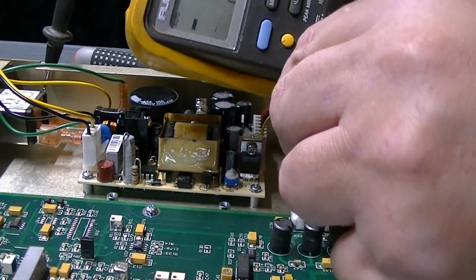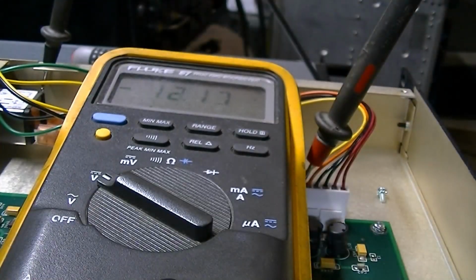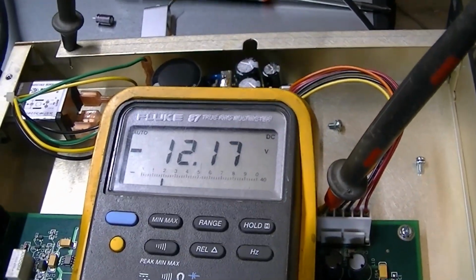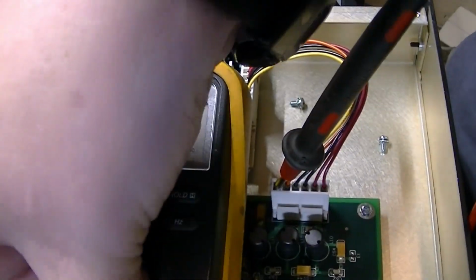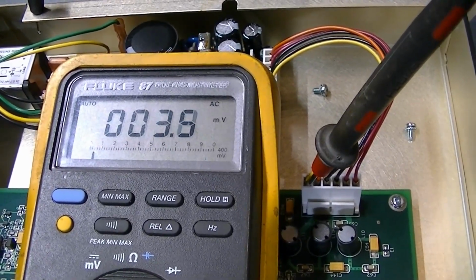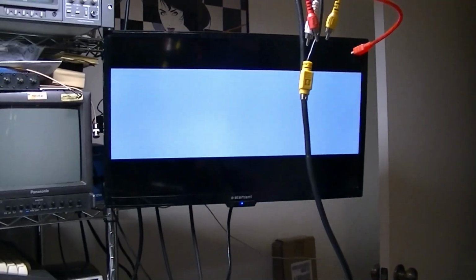So our negative 12 rail is, we are now at negative 12.17, and when we move the meter to AC, practically nothing. And all of the noise looks like it's now out of our picture.